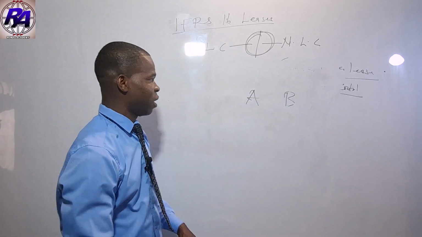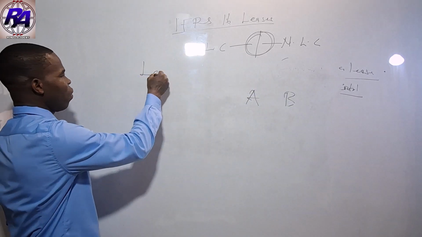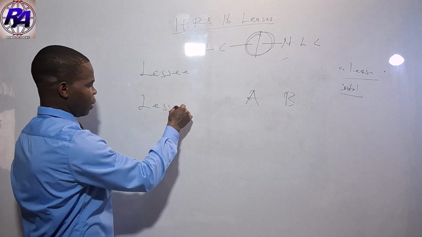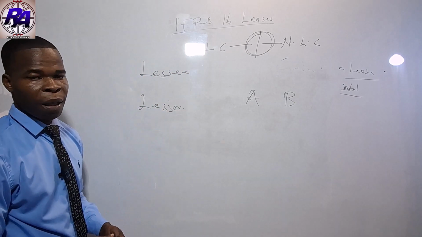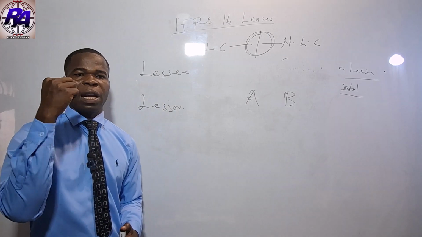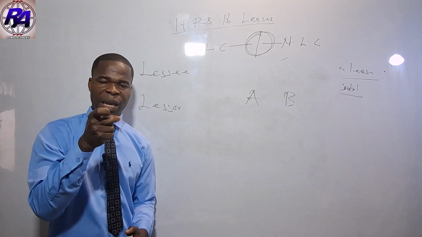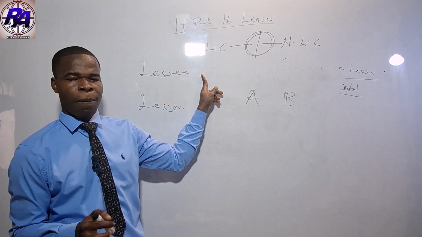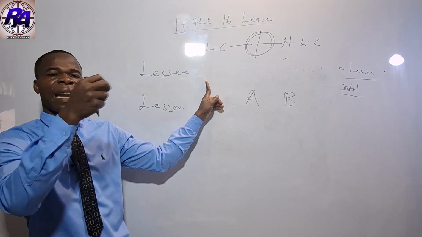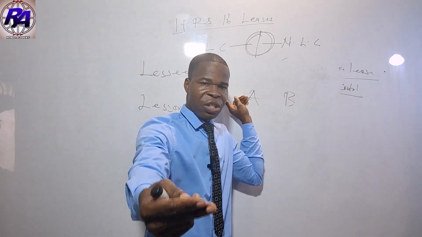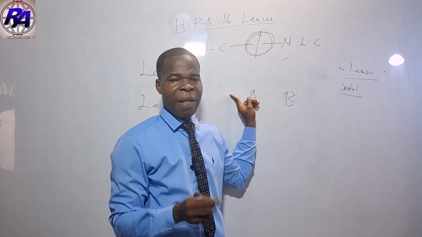Now, we want to distinguish between who a lessee is and who a lessor is. Like I indicated earlier, the distinction is just a matter of who is providing the underlying asset and who obtains the underlying asset. The lessee is a party that obtains an underlying asset, or the right to use an underlying asset, in exchange for a consideration. That is the lessee.